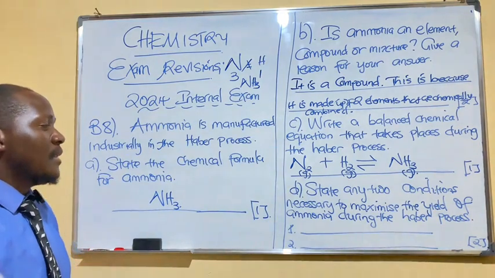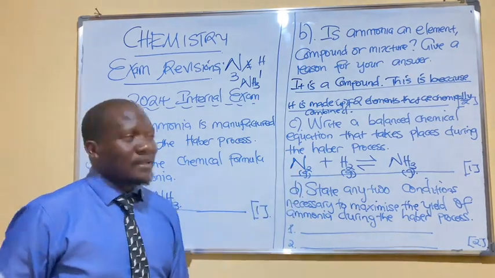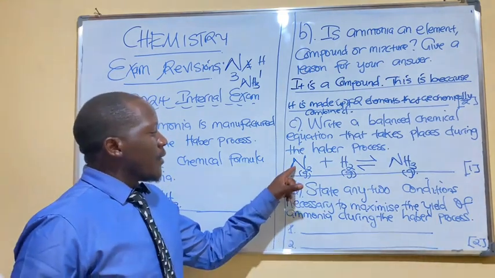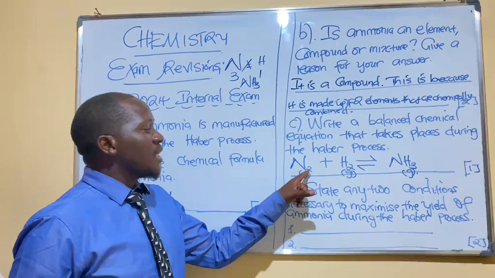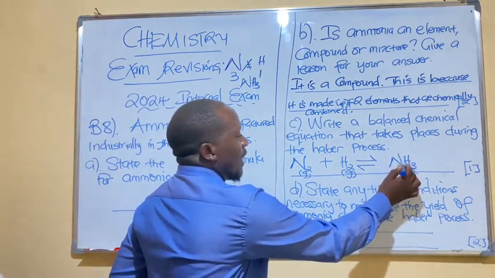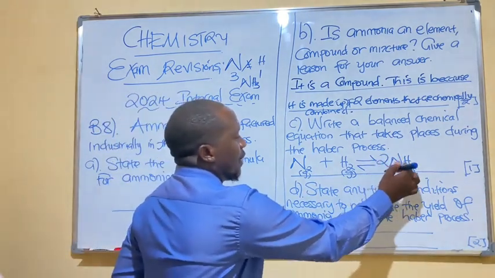So to balance this chemical equation, we start with the reactant side and compare it to the side of the products. On the reactants, we have nitrogen, which has a 2. Then on the products, we have nitrogen, which has a 1, which simply means we can balance nitrogen. So we'll put a 2.